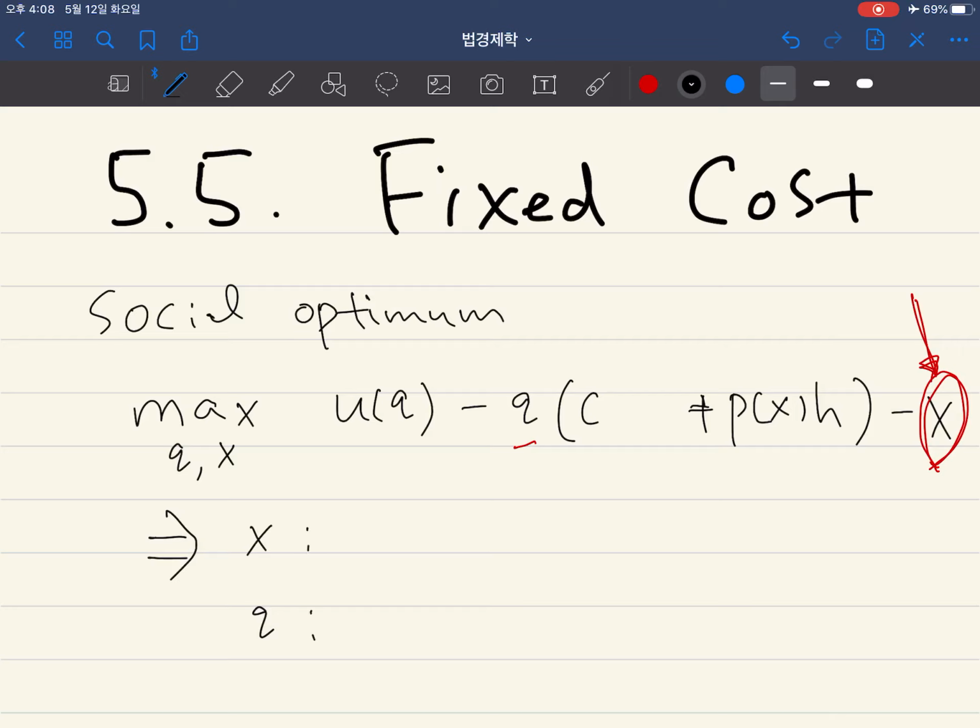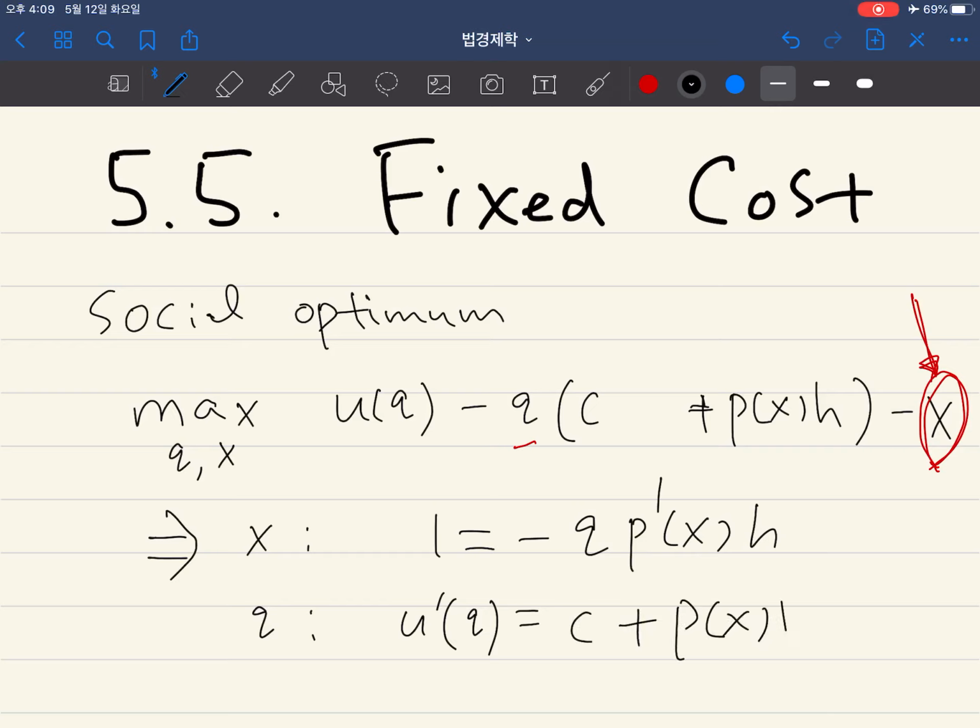So first, take derivative with respect to quality x. Then we find this equation, and take derivative with respect to quantity and set it equal to 0. Then we get this equation. Now, one thing we can notice here is in our previous problem, this first equation was this red equation.